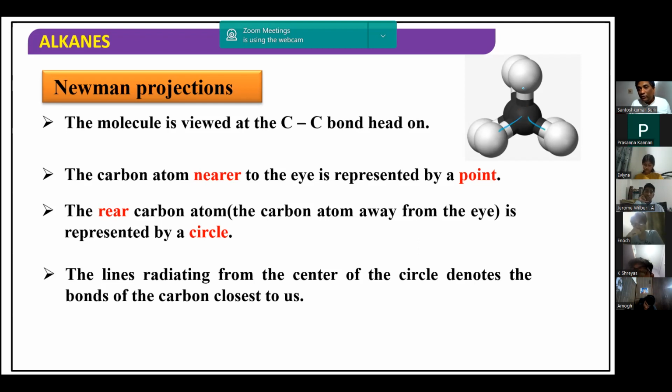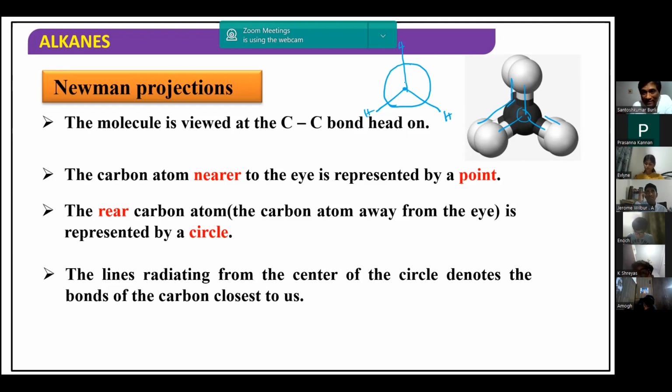This is one CH3 and behind it, the rear carbon atom also has CH bonds. The front carbon atom, which is towards the observer, is represented with a point, and we write the rear carbon atom with a circle. The front carbon atom we write as an inverted Y, where the lines pass through the circle only, up to the circle's edge, not outside. So the CH bonds of the front carbon are like this, and the rear carbon is represented by the circle.